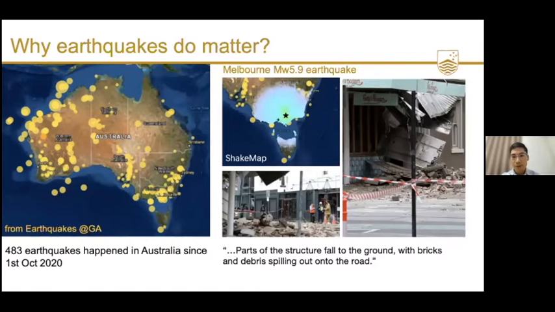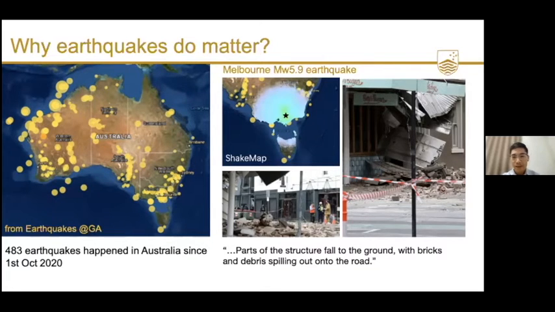A magnitude 6.5 earthquake at Meckering in 1968 caused extensive damage to buildings and was felt over most of southern Western Australia. Earthquakes of magnitude 4 or more are relatively common in Western Australia, with one occurring about every 5 years in the Meckering region.